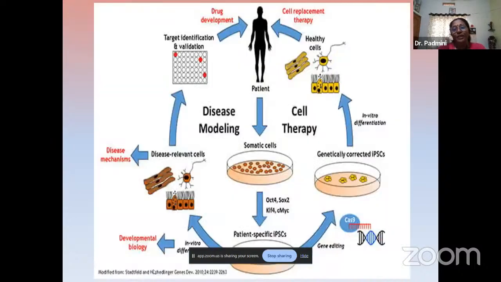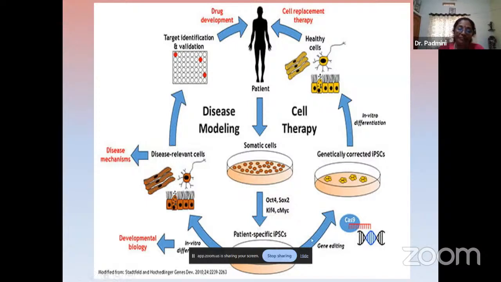So when we talk about induced pluripotent stem cells, what exactly are we going to talk about? Regenerative medicine using induced pluripotent stem cells. Here, from a patient, you can take out somatic cells and culture them. These are the growth factors that I was talking about, OCT4, SOX factors, which you can use on the somatic cells to induce them to form different types of stem cells.